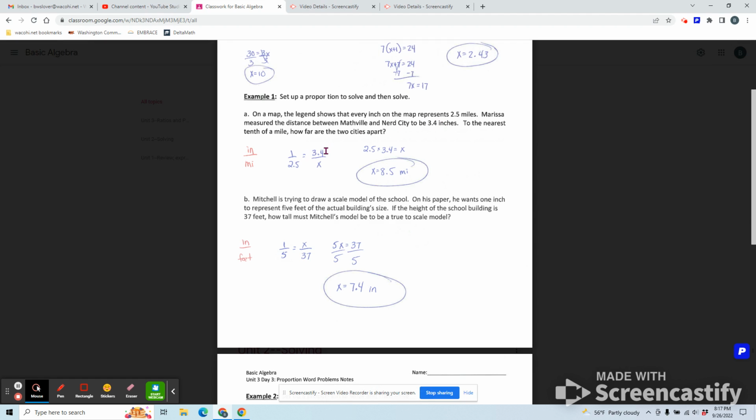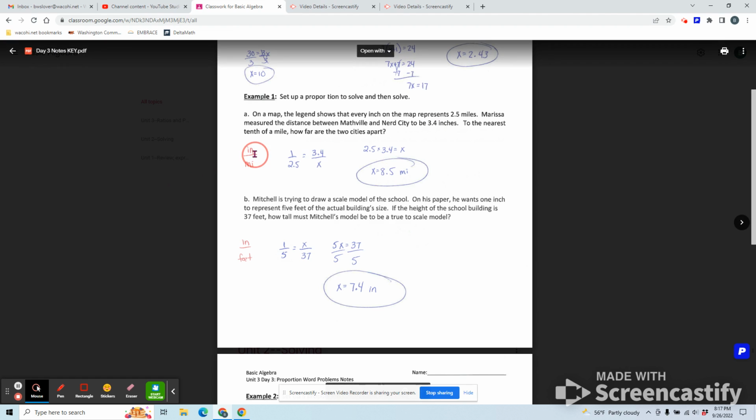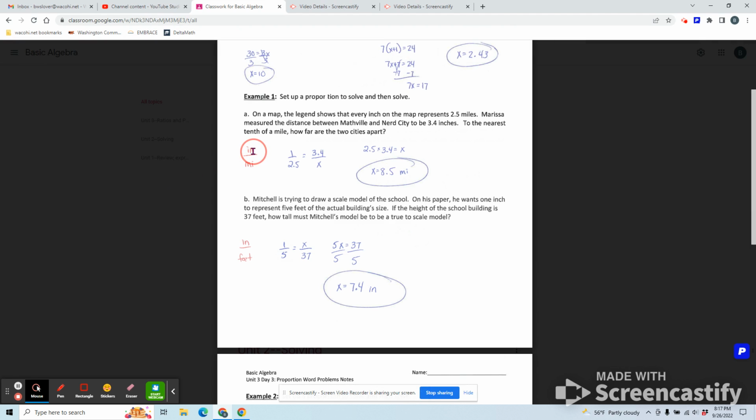Well, how do we know to put inches up top? Over here in red, I said inches was in the top, in the numerator. So 3.4 has to be up top because that's how I set up my first ratio. I have to follow what I did in the first one for the second one. But I don't know how many miles. So that's my unknown, my variable. That's why I have x as my denominator.